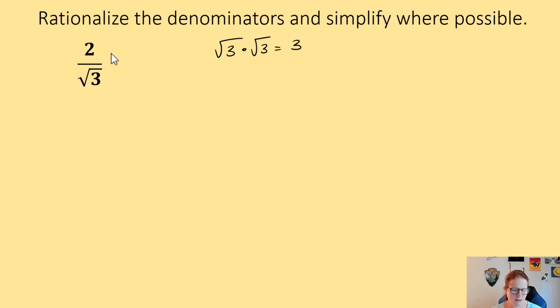In this case, we multiply by the square root of 3 over the square root of 3. This is 1. When I do this, I have 2 times the square root of 3 on top. The square root of 3 times the square root of 3 just becomes 3. I have gotten rid of the radical in the denominator. This is the process, rationalizing the denominator. This is my final answer.